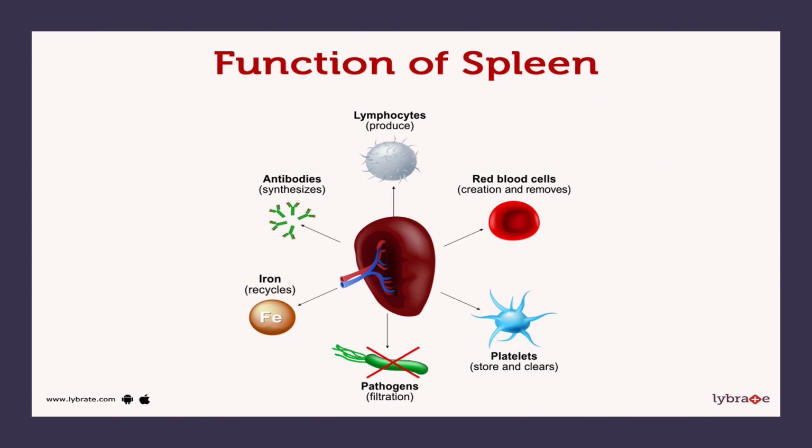So the lymphatic organs, immune support: the spleen filters blood to remove old red blood cells, stores platelets, and contributes to immune defense. And we know the lymph nodes house immune cells and filter lymph to detect pathogens.